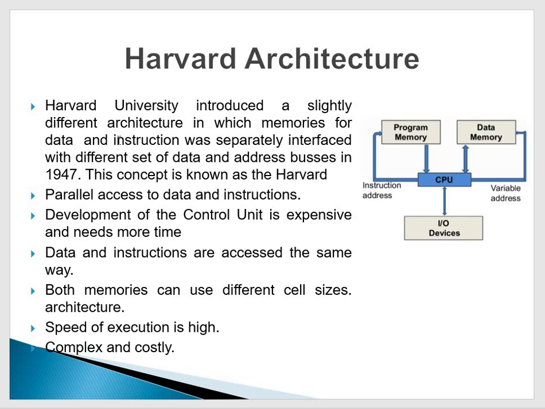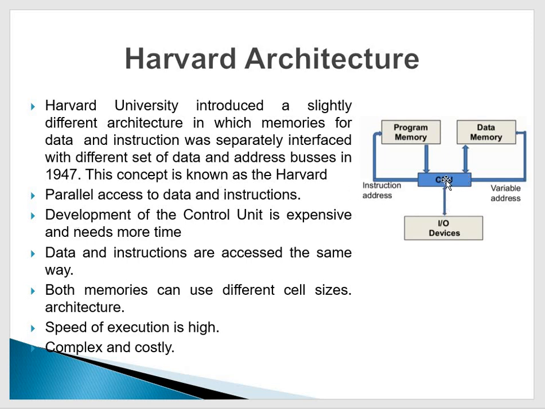In this case, parallel access to data and instructions is possible. As we can see, the CPU has two different sets of address buses and data buses. This is one set of address buses for program memory, and these are the data buses for the program memory. Similarly, this is the address bus for the data memory, and these are the data buses for the data memory.